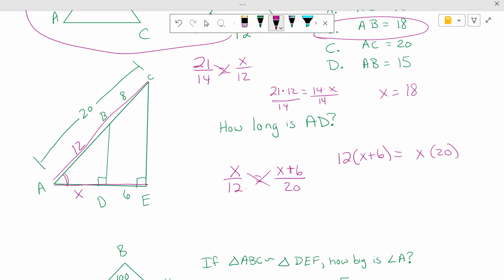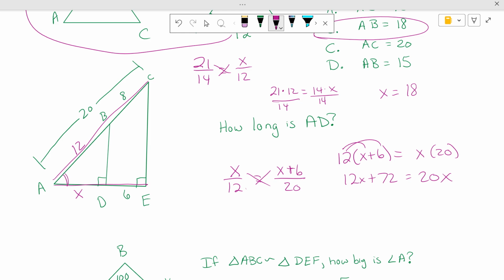What do we do on the left-hand side? What property do we use? Distribute. 12 times X is 12X. 12 times 6 is 72, equals 20X. All right. Now, I have X's on both sides. So how do I get them together? I have to combine like terms, right? What do I do to each side?